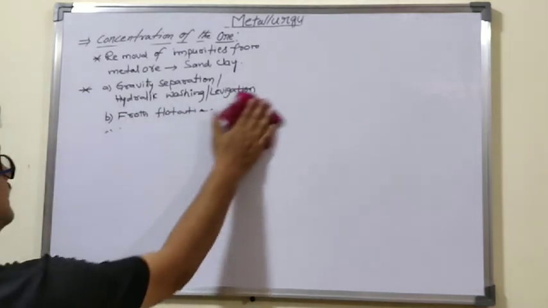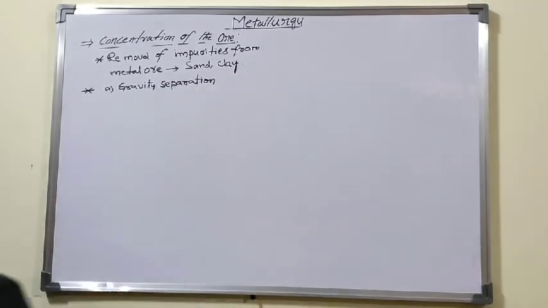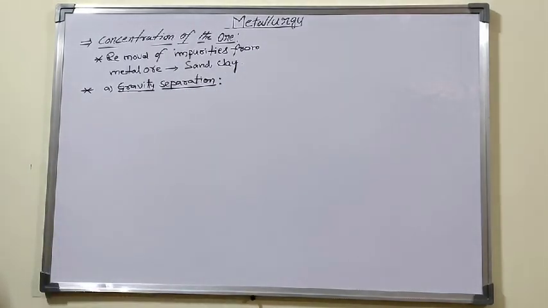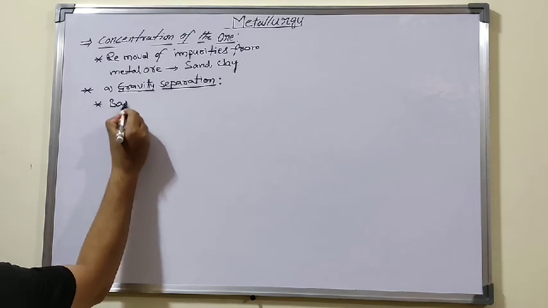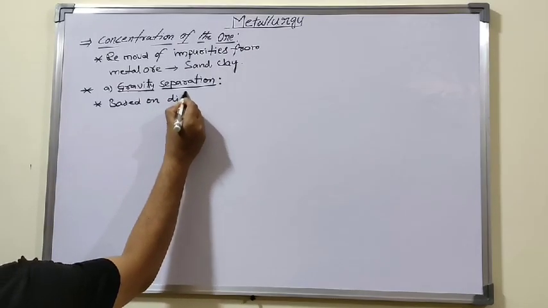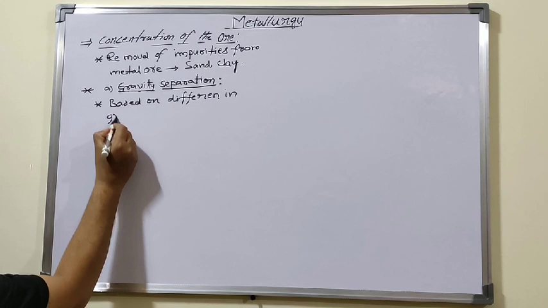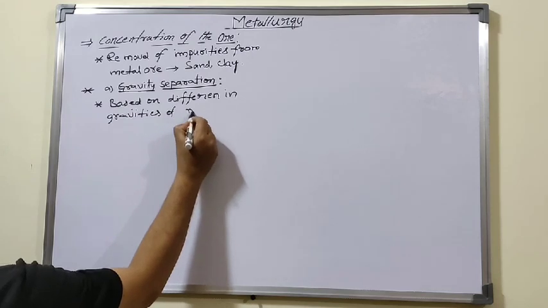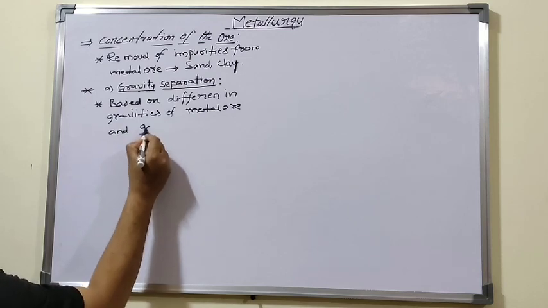First one, gravity separation, or hydraulic washing or levitation. In gravity separation, the principle we are using is the difference in gravities of metal ore and gangue.